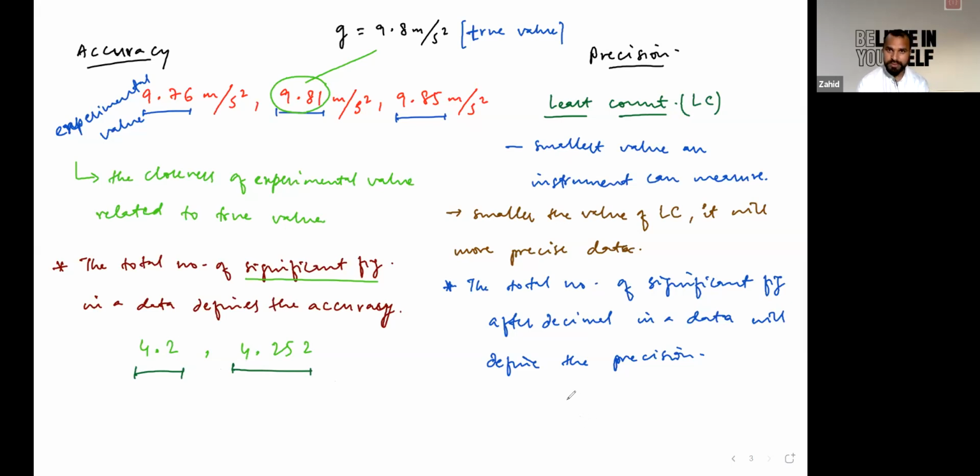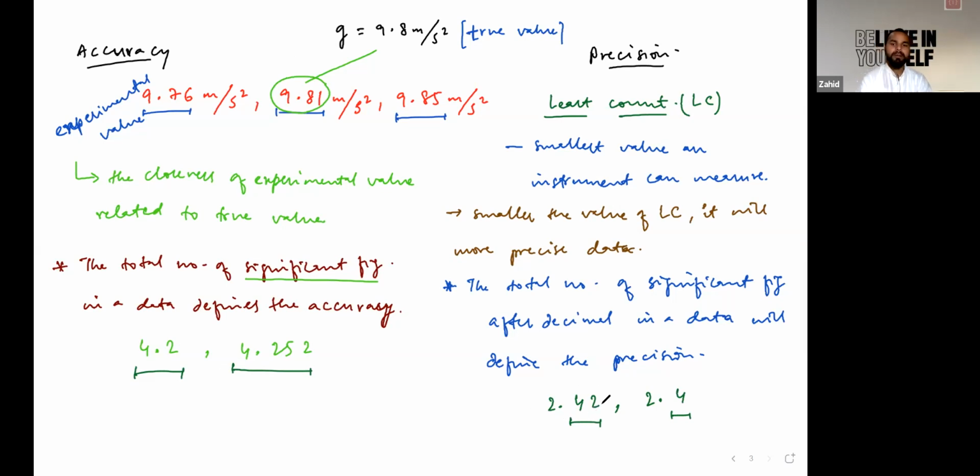Similarly, if you want to calculate precision, let's say 2.42 and 2.4. Here we have two significant figures after decimal. Here we have only one significant figure after decimal. So this number contains a larger number of significant figures after decimal.